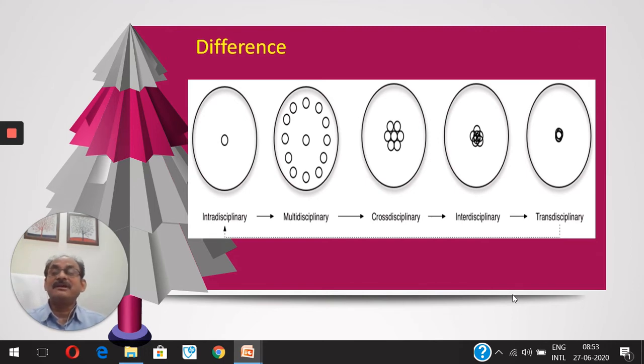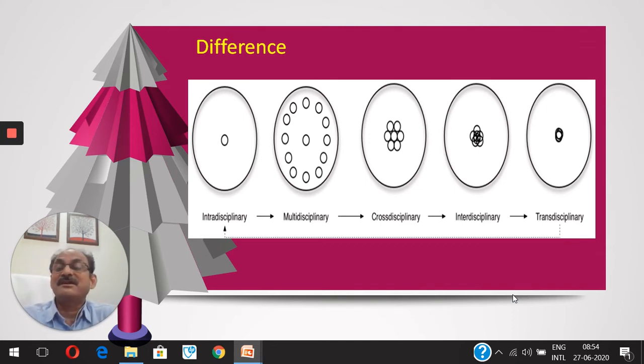So these are all interconnected in cross-disciplinary. But if you go to interdisciplinary, now you can understand what interdisciplinary is. The subject is connected to the whole mixture of multidisciplinary, intradisciplinary, and cross-disciplinary. All these things are under interdisciplinary.